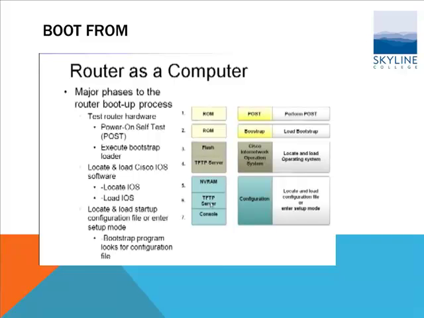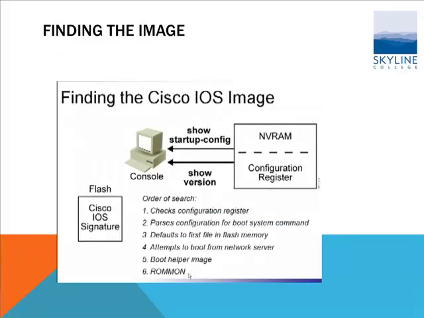If it finds one, it'll load it from that. That's a default. You typically don't see that. You just see it in the configuration file. It just goes into setup mode. It checks to see if there's a TFTP server that you forgot to tell it about before it does those things. Again, another picture here.